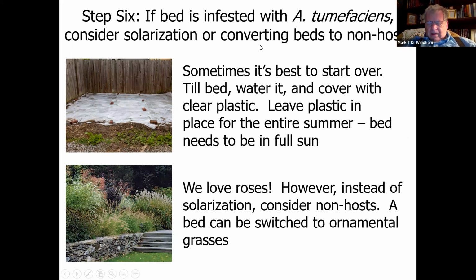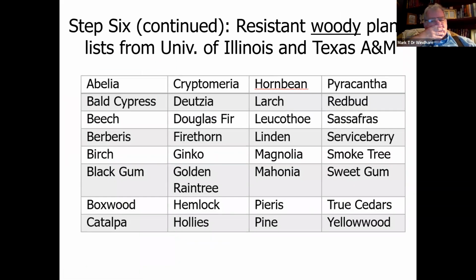Now, to take that a step farther, the University of Illinois and Texas A&M University put out lists of plants that they had tested that were not host of agrobacterium. Now, these are woody ornamental plants. And these are not, in my opinion, most of these are not substitutes for roses.